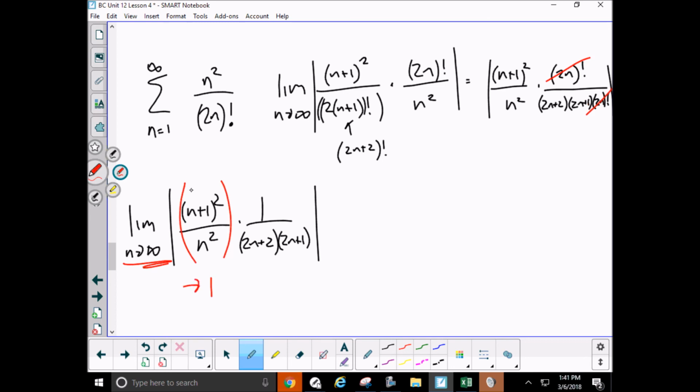I'll just have n squared plus some extra stuff over n squared. The growth of the n squareds dominate the growth of the other terms. As n approaches infinity, this will approach 0. I have 1 over infinity. So I have 1 times 0, which gives me a ratio that equals 0. That is less than 1. The series converges.